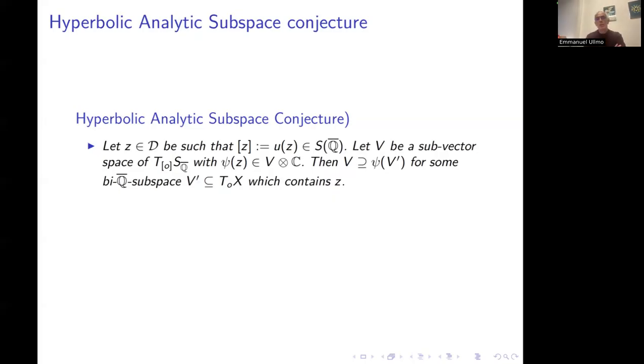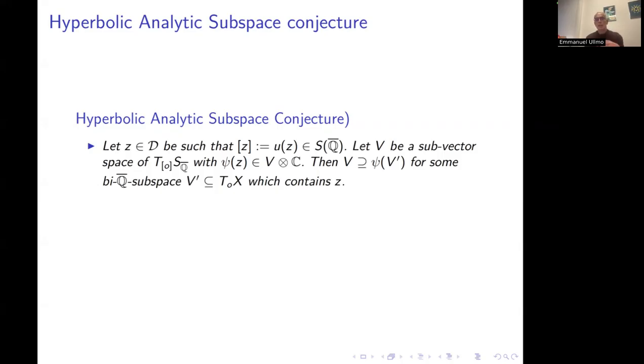What we hope is that if you start with an element z in the bounded realization D, such that the image of z in the Shimura variety is a Q-bar point of the Shimura variety, and if you look at a subvector space V of the tangent space of the Shimura variety at this CM point, and you assume that when you take the derivative of a uniformizing map u, which you call psi, you're inside V tensor C.